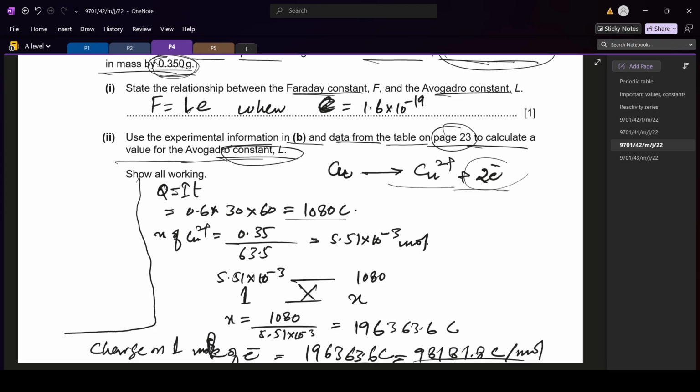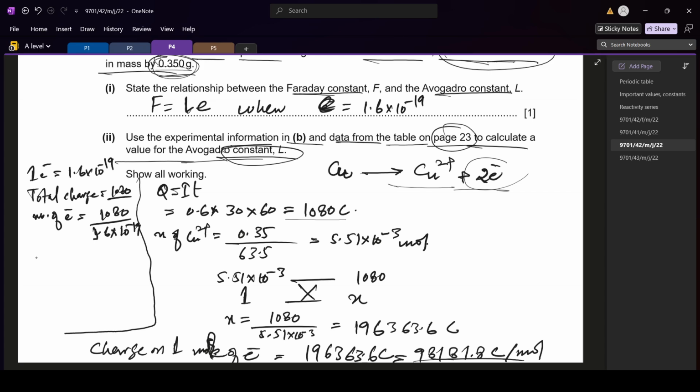Now it calculates the number of electrons. One electron has a charge of 1.6 into 10 to the power minus 19, and the total charge is 1080. So the number of electrons is equal to the total charge divided by the charge on one electron.